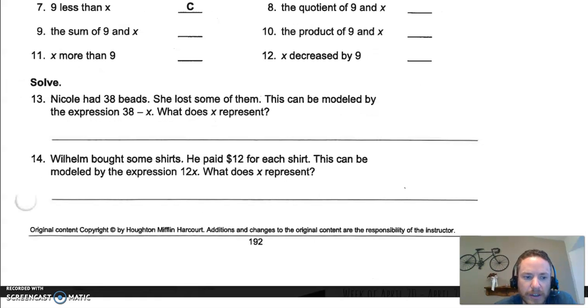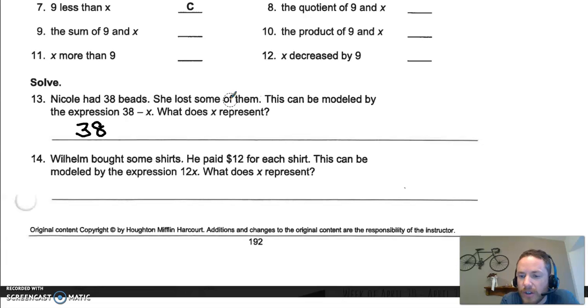The word problems at the bottom of the page. Solve, number 13. Nicole had 38 beads. She lost some of them. This can be modeled by the expression 38 minus x. What does x represent? Well, what we know is, from the very first sentence, she had 38 beads. She lost some of them. How many did she lose? We don't know, but she lost some.